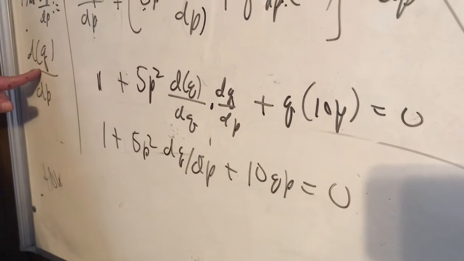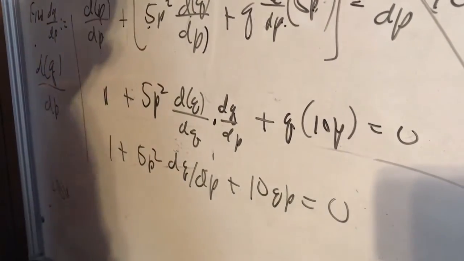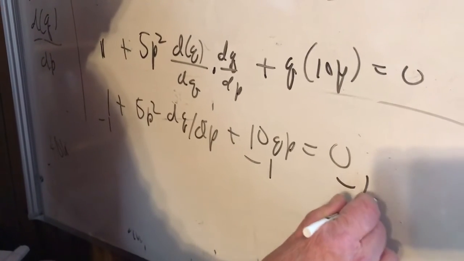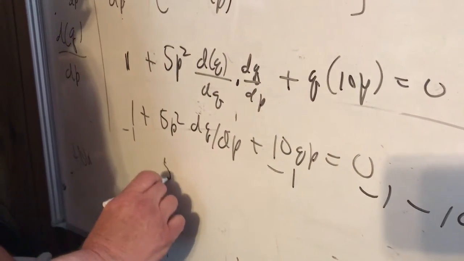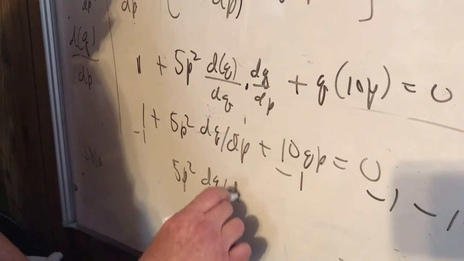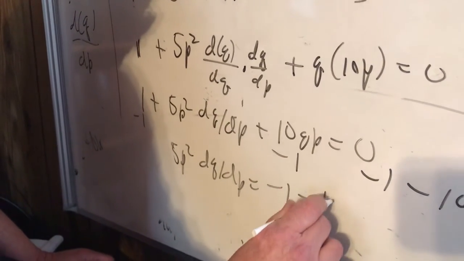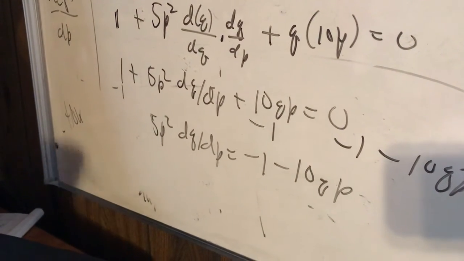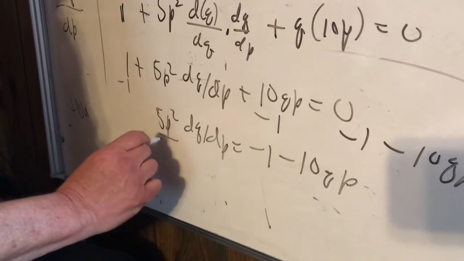My whole goal is to find dq/dP. I'm going to solve for it as a variable. I'm going to bring these over to the other side. So I get 5P squared dq/dP equals minus 1 minus 10QP. Now I want to isolate dq/dP, so I divide both sides by 5P squared.